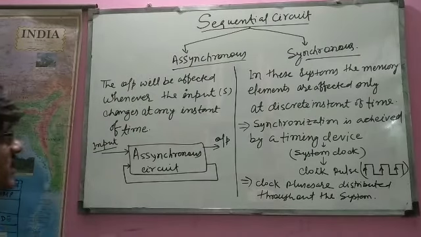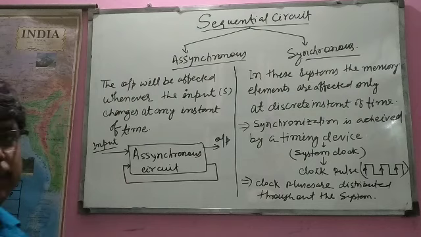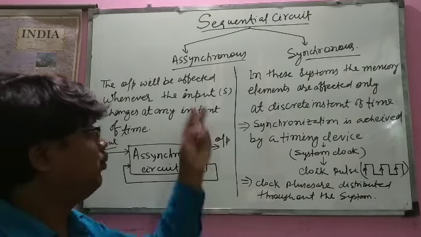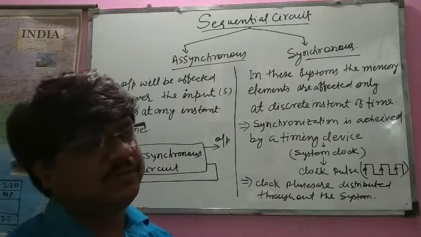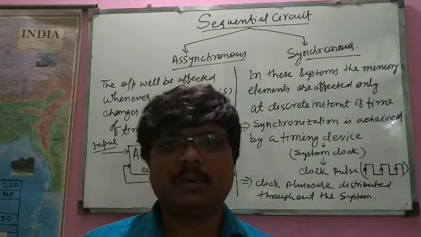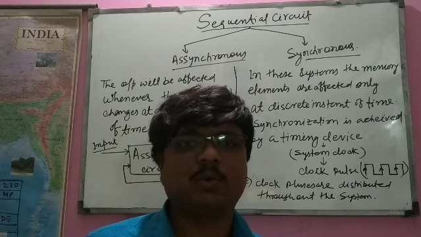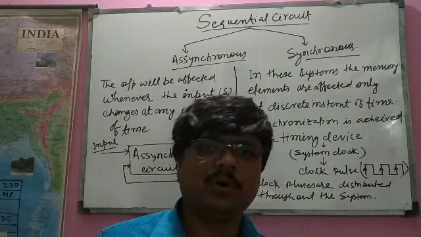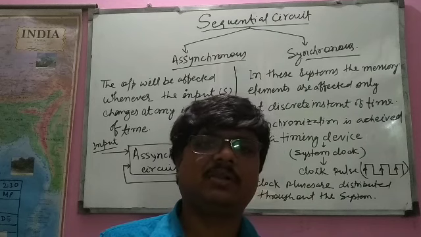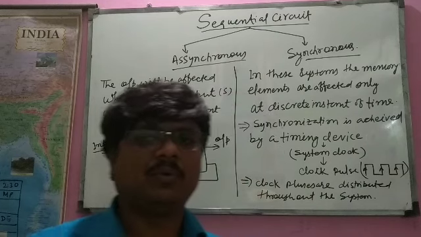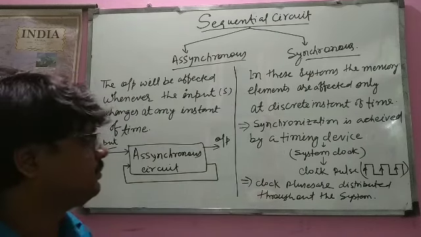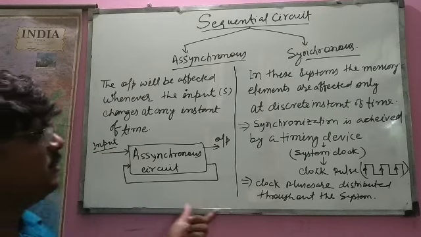First of all, we will see the asynchronous sequential circuit. Both are sequential circuits. Both have memory elements. Both circuits' outputs depend upon the previous as well as the present input. So what is the difference then? The difference is the clock.